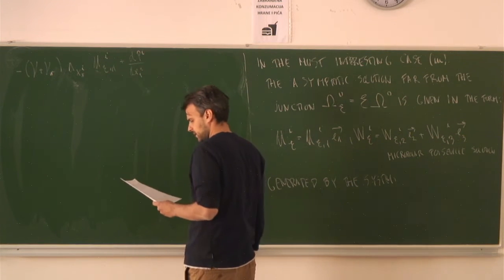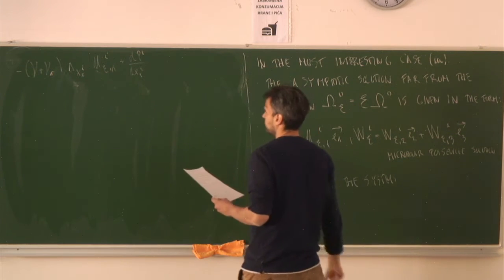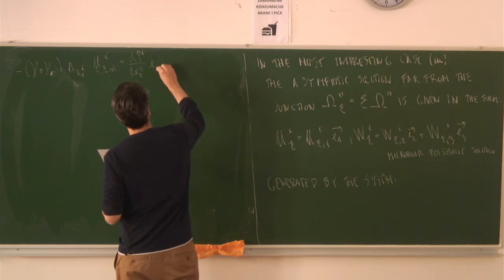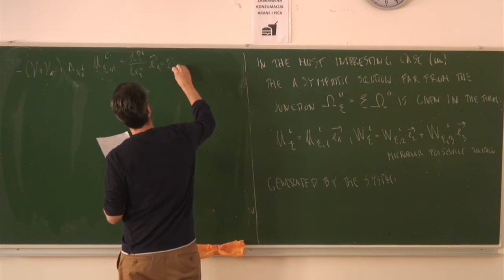I'm writing this i here, but it's of course the same in every pipe. So E1 is 2 mi.